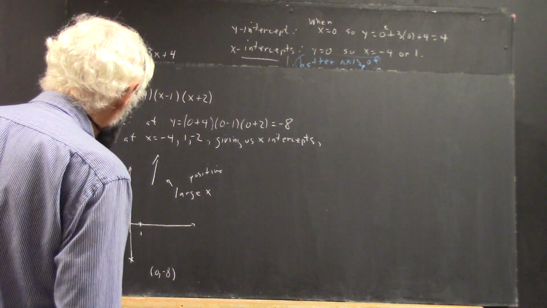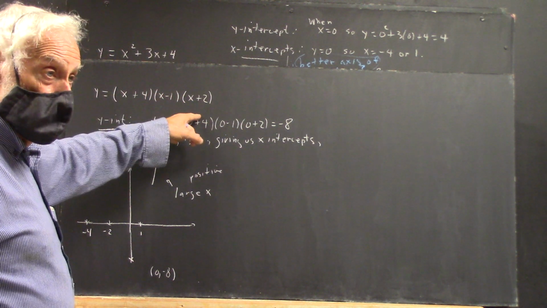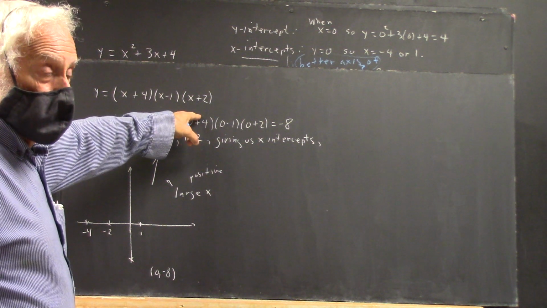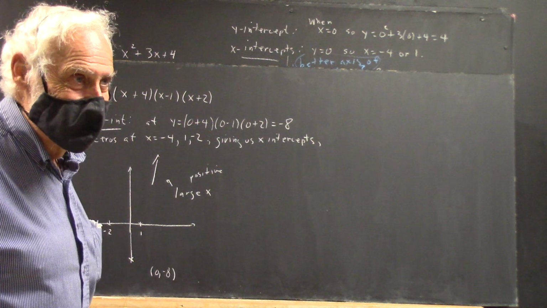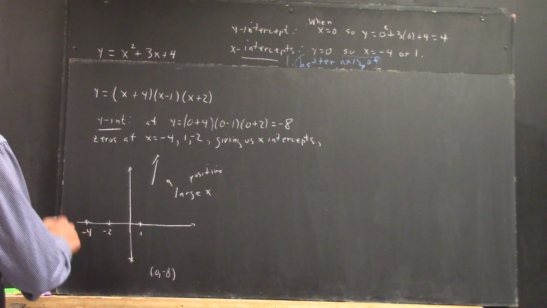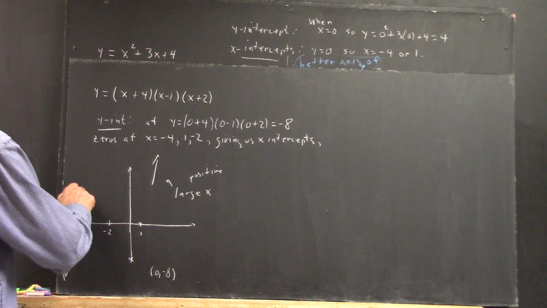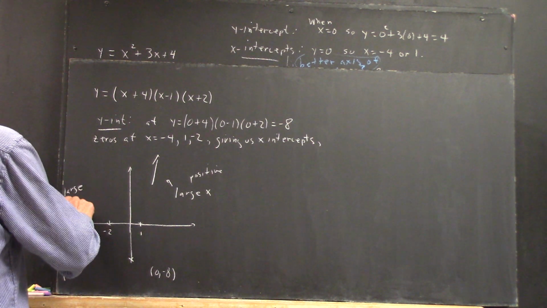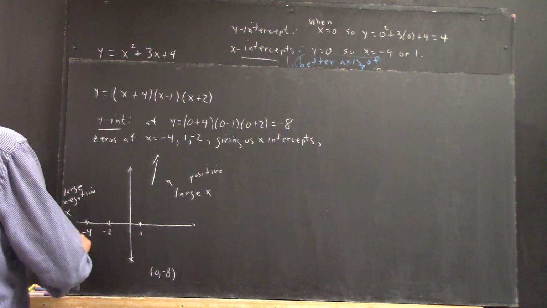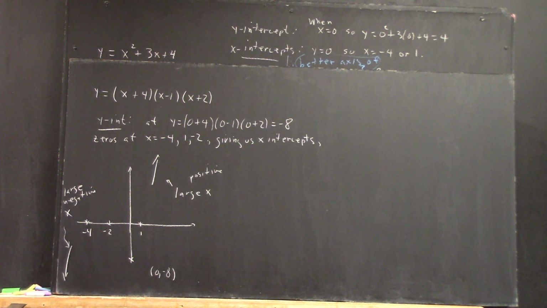Well, if x is negative 1,000,000, that's practically negative 1,000,000 times practically negative 1,000,000 times practically negative 1,000,000, right? Which gives you negative 1 trillion. Okay? So, for large negative x, the graph goes down like this.